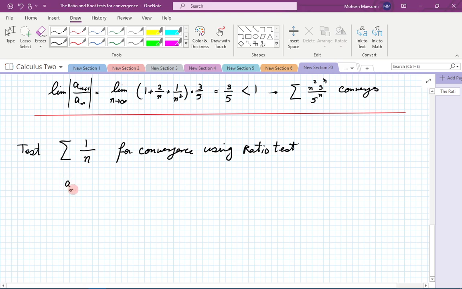So I have a_n is 1 over n, a_(n+1) is going to be 1 over n plus 1. The ratio of these two, when we clean up, becomes n over n plus 1. We can divide numerator and denominator by n to get it into the following term.